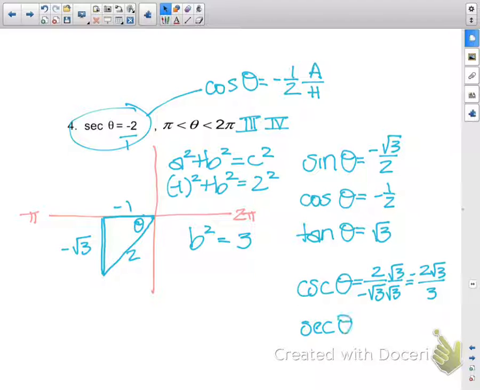Secant, we already know because we were given that. And cotangent, what am I flipping? I'm flipping root 3. So what's that going to look like? 1 over root 3. So then when I multiply by root 3, top and bottom, it gives me what for my cotangent? Root 3 over 3.